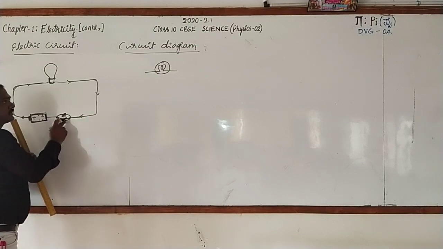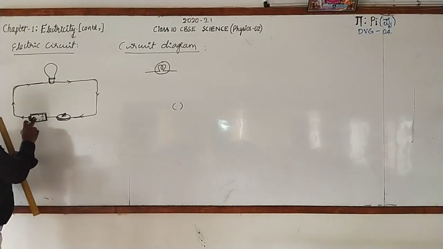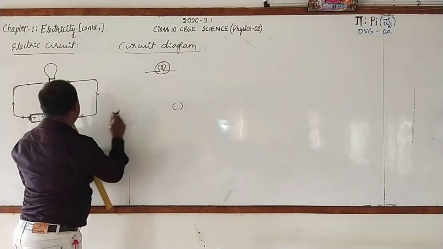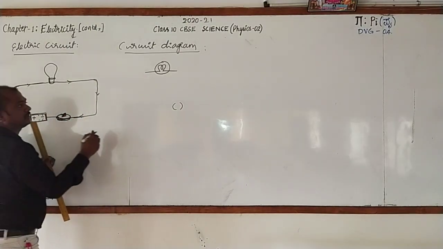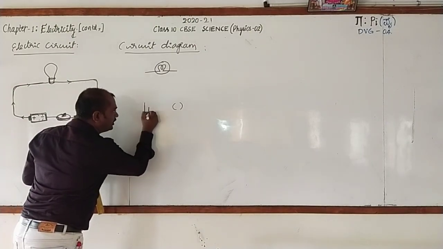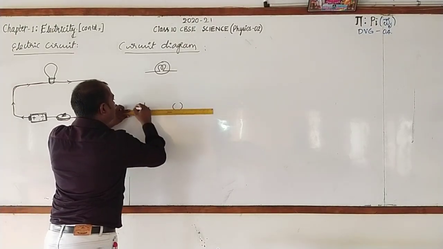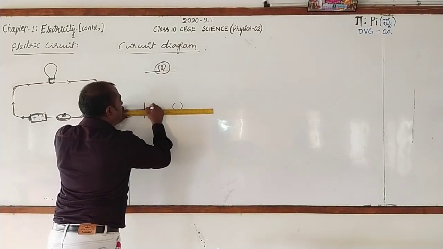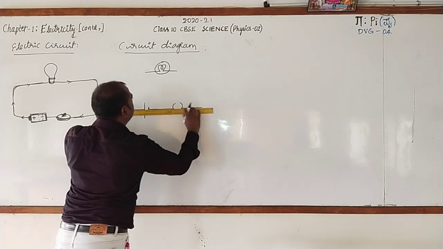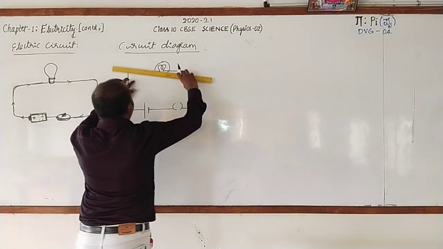Now this is the switch, and this is a cell, and this is the positive and this is the negative terminal. The positive terminal of a battery is represented with a longer line and the negative terminal is represented with a shorter line. Now, I am going to draw the line to represent the conducting wire.